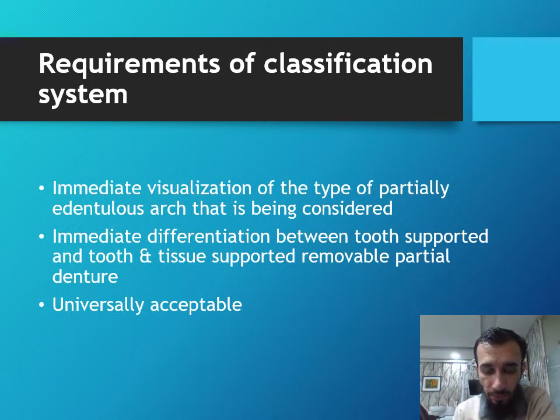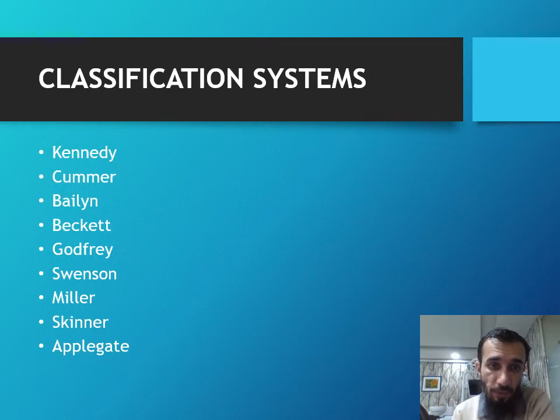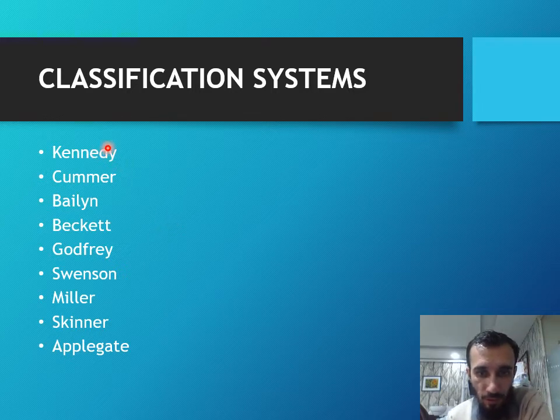Now, having that in perspective, there are numerous classifications that were designed and suggested, but the commonly used one is Kennedy's classification, and of course, it has certain rules for its easier application given by Applegate. So today we are going to discuss Kennedy's classification along with Applegate's rules.